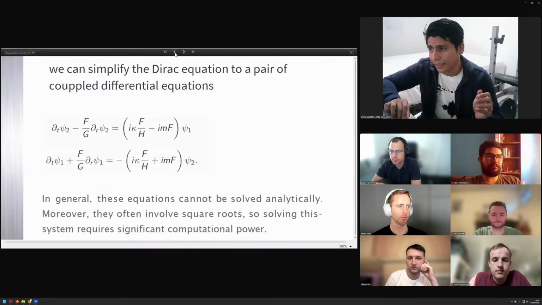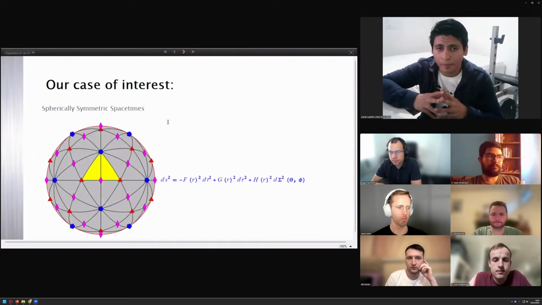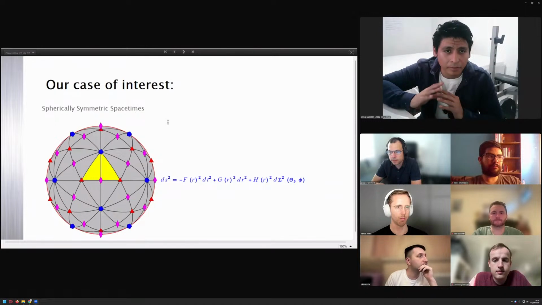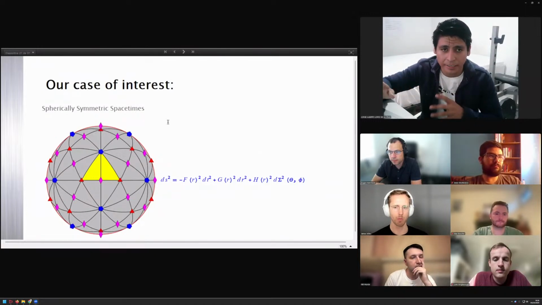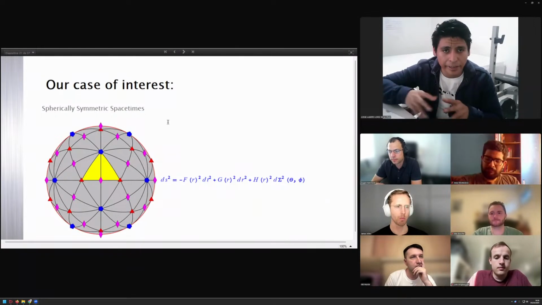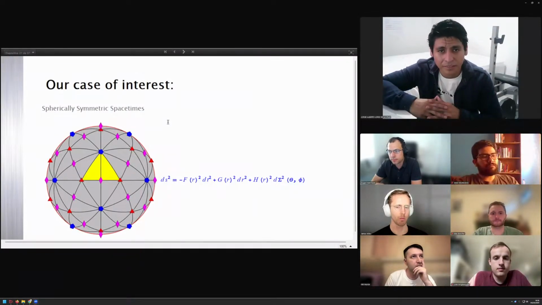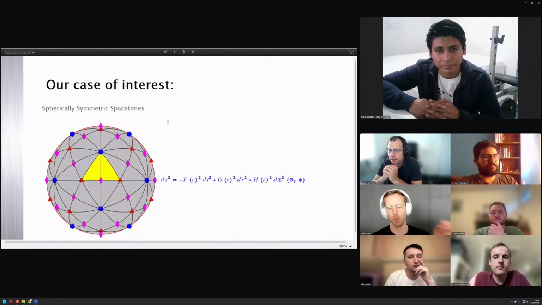And finally, we want to solve all spacetimes, not just this case, but every spacetime. So that would be cool.